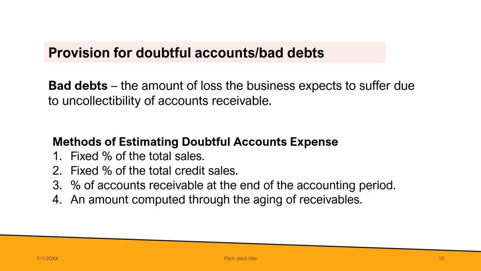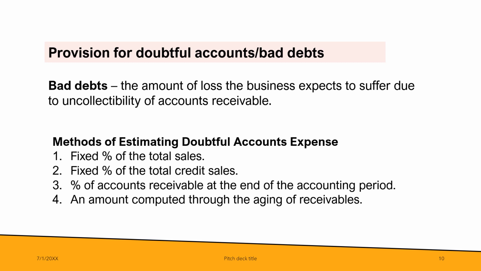Example for number one, assuming that 3% of the total sales, or in the case of the service business, total revenue is uncollectible, and the total service revenue is, let's say, 1 million. 3% of 1 million is 30,000, and that 30,000 is already your debit to doubtful accounts expense and credit allowance for doubtful accounts.